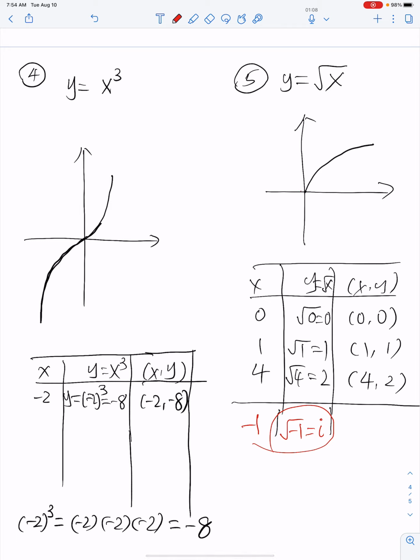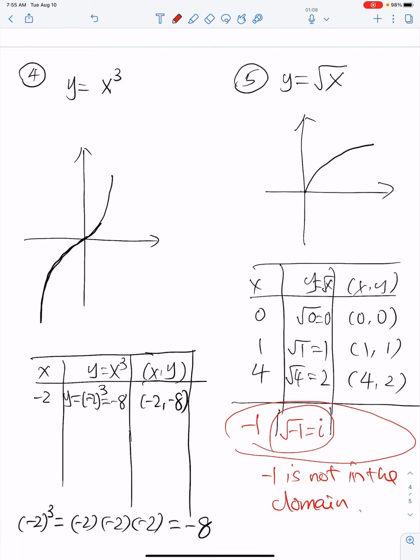This is why you do not have any pictures on the left. No pictures. For here, negative is not in the domain. Be careful: for the square root of x, you only have half the picture.